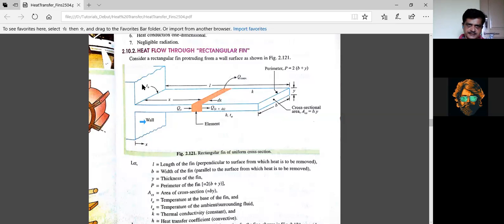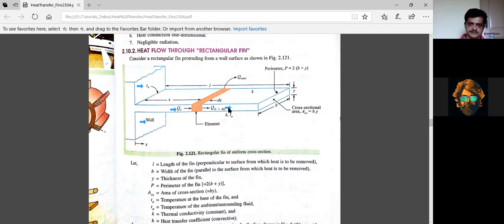You can see here the base is at temperature T naught, and the length of the fin is L. Then we took that orange colored strip and did three steps. Heat flows by conduction: Qx is coming in, and Qx plus dx is going out.